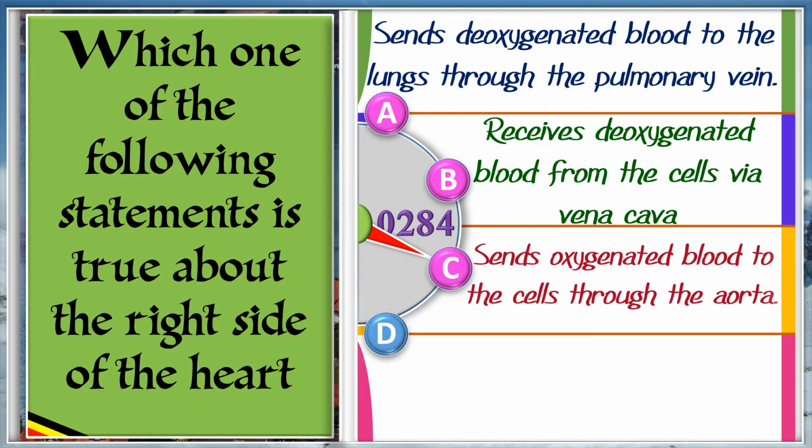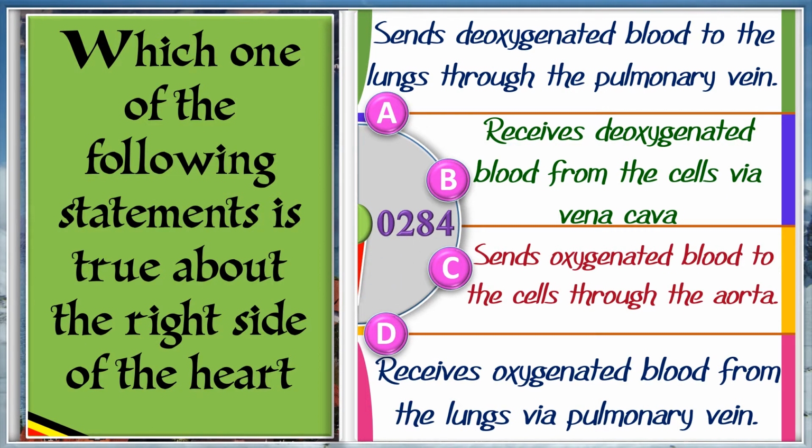C. Sends oxygenated blood to cells through the aorta. D. Receives oxygenated blood from lungs via pulmonary vein. And the answer is B. Receives deoxygenated blood from the cells via vena cava.